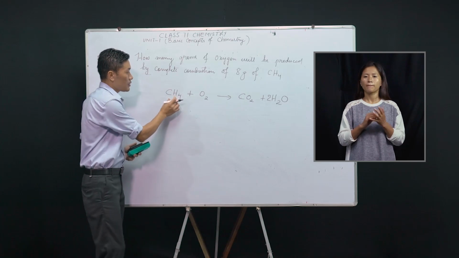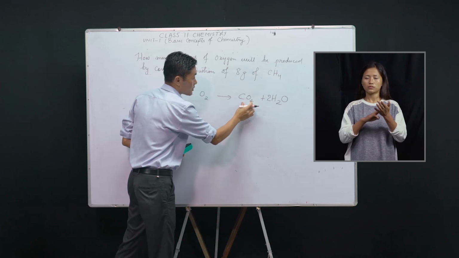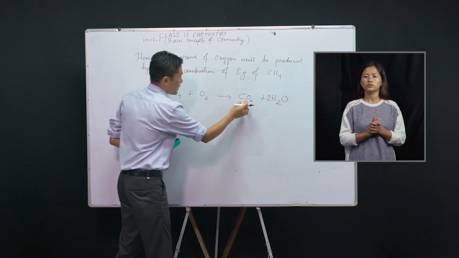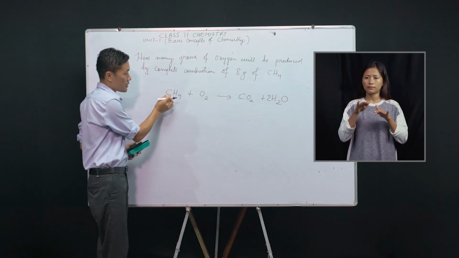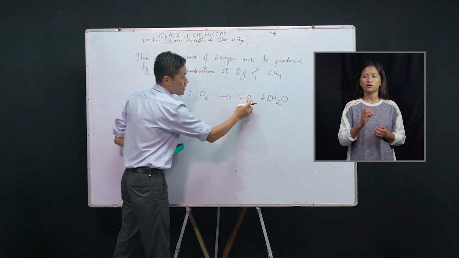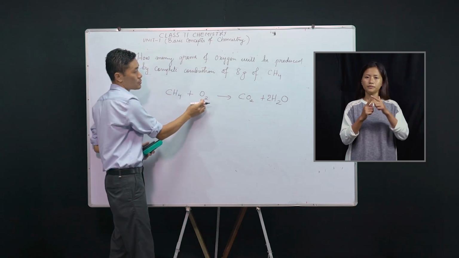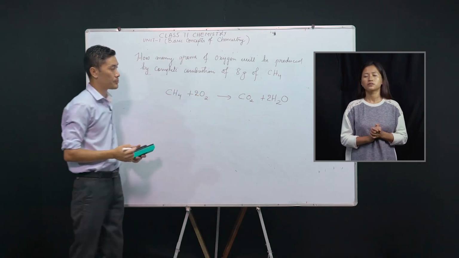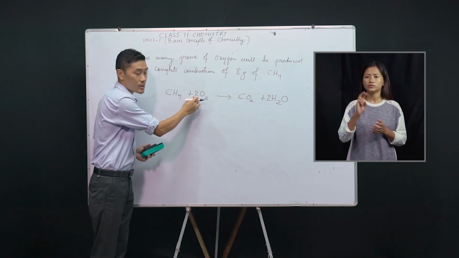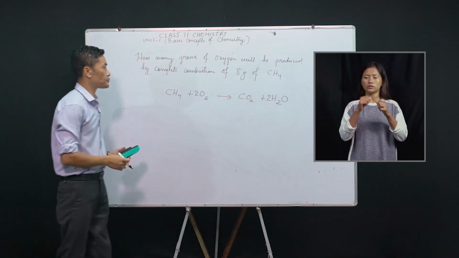So methane burns in air, undergoes combustion to give carbon dioxide and water. Now, is this balanced? Let us check. Carbon we have 1, hydrogen we have 4, oxygen in this case on the right side we have 4 atoms, so this will be multiplied by 2. So 1 mole of methane combines with 2 moles of oxygen to give 1 mole of carbon dioxide and 2 moles of water.